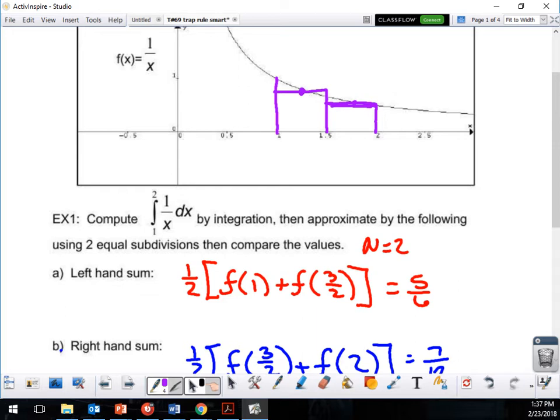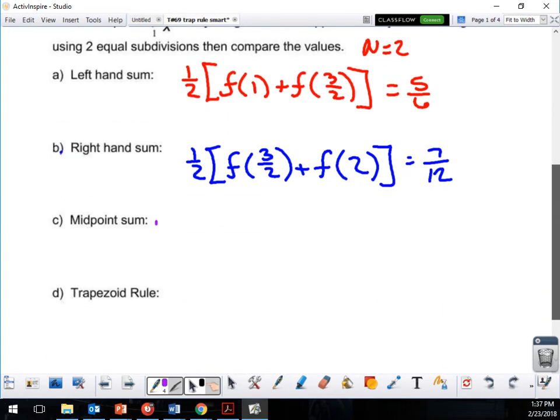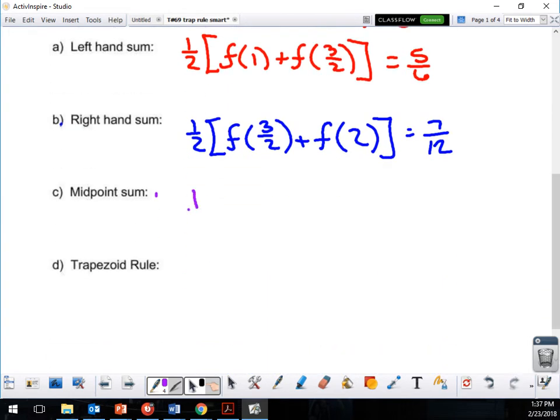Now my delta x is still my 1/2, but finding the value of my function is slightly different. To find that value, it's going to be f of the midpoint. To find the midpoint, I have to use the same intervals. So how do we find the midpoint? It's the average of the two points. How do I get the average?